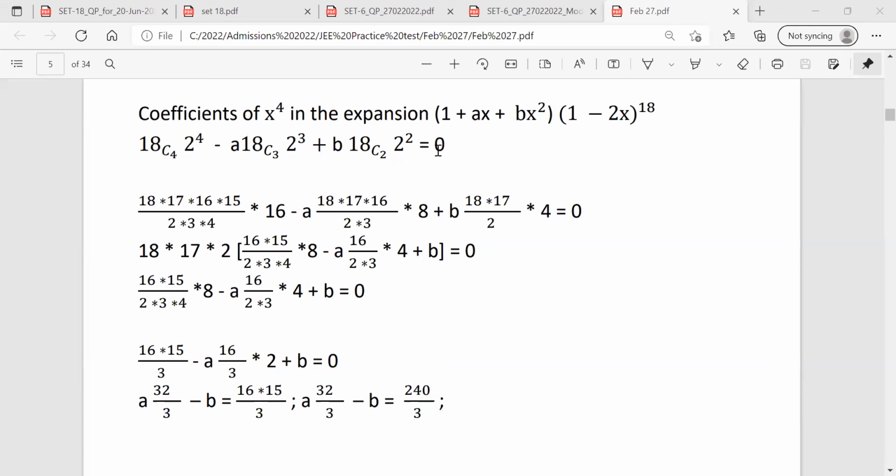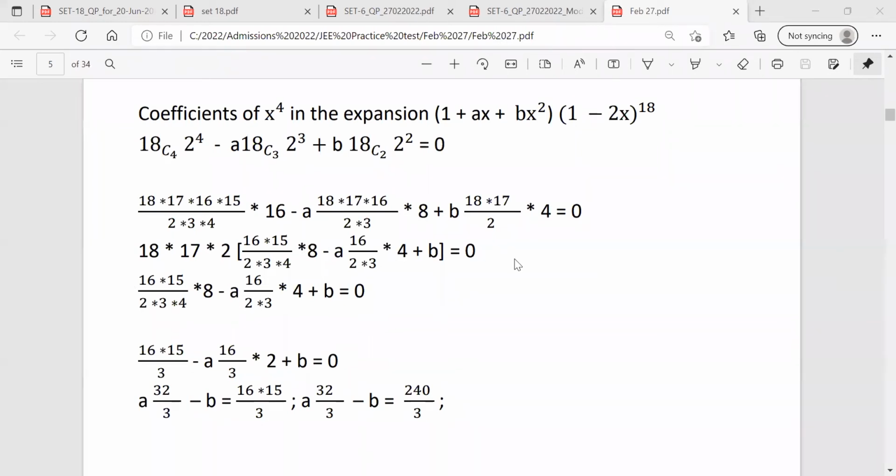Now we have to simply solve this equation as we have already done. So you know what is 18C4, 18C3, 18C2. So just expand these terms and try to take all the common terms outside, and solve this equation in such a way that we have a and b on one side and the other terms on the other side. This you can easily do when you are solving it with pen and paper, right?